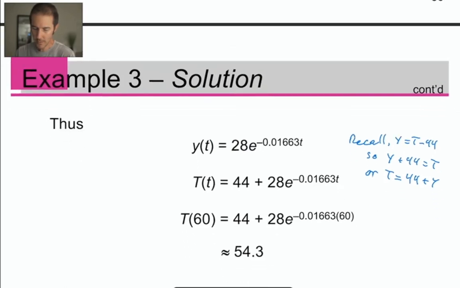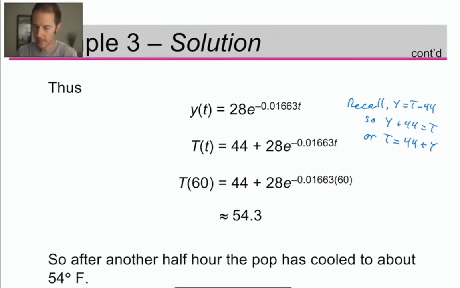And what's happening here is a little bit confusing, so I wrote these notes ahead of time. Remember that the y value was representing the difference between the temperature of our soda, or whatever the object is, and the ambient temperature, or the surrounding temperature, inside the refrigerator, which I said was too warm.